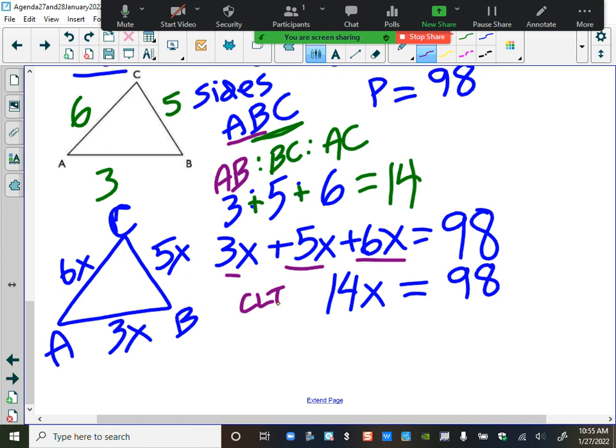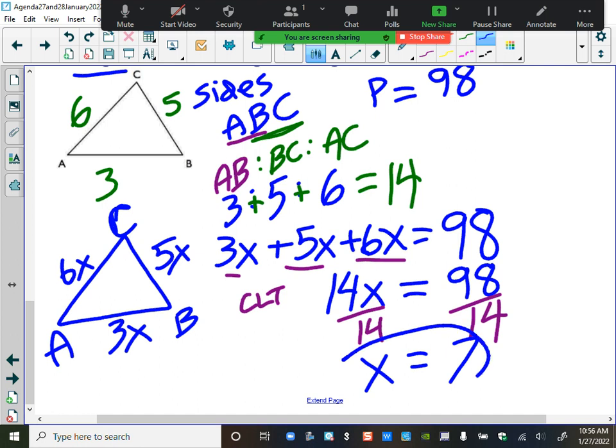So now what can we do? 14 times something is going to give us 98. So, divide both sides by 14. And then 98 divided by 14 is what number? Oh, 7. So basically, you could have divided these two, you get your x, and then you plug it in.